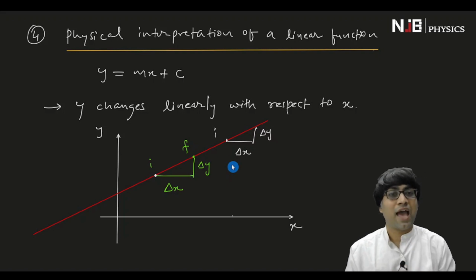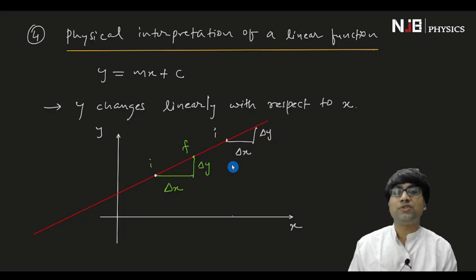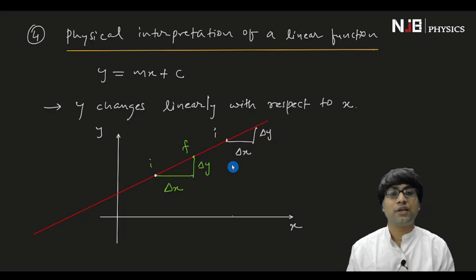Well, this doesn't really happen in case of non-linear functions. In case of non-linear functions, the change in y is going to depend on where you are making the changes. What is the point on the graph where you are making these changes? Whereas in case of a linear function, it doesn't really matter where you are making these changes.